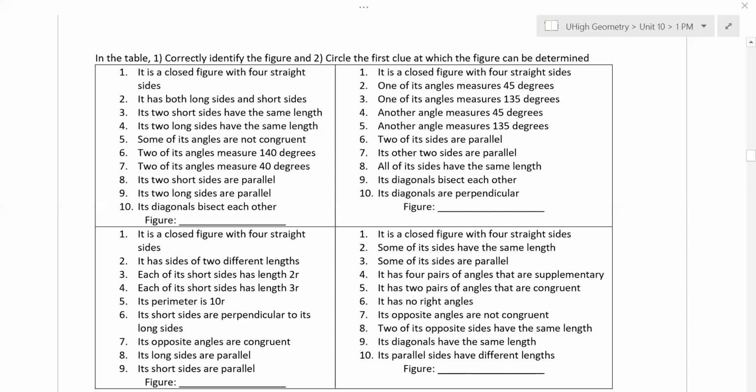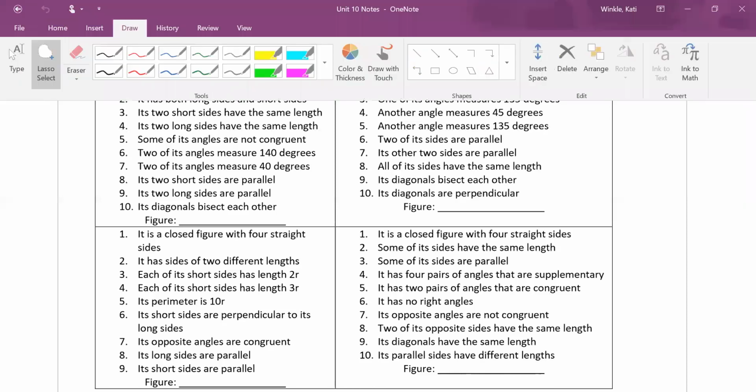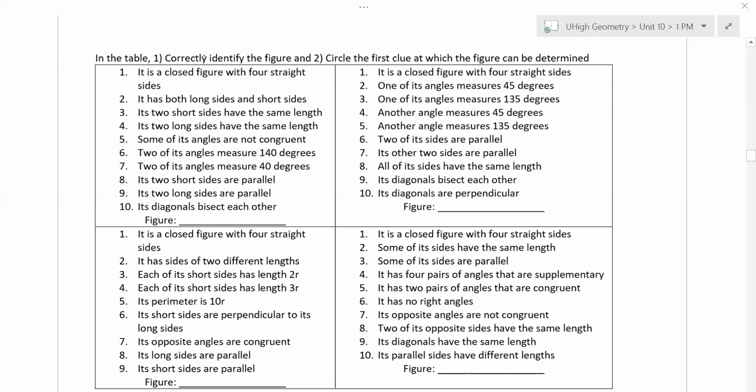So I know it's not a square, it's not a rhombus, and I know it's not a trapezoid or a rectangle or a kite. So right here at number 7, I have eliminated most of my pieces.